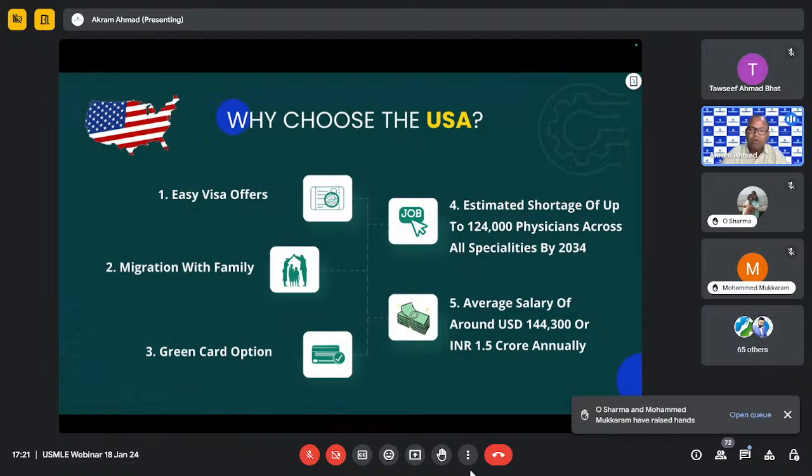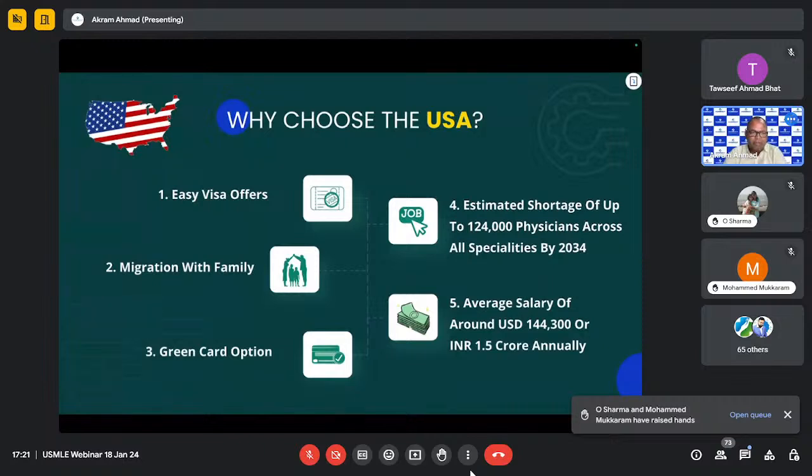At least you need to work for 2 years, PGY1 and 2, in the case of UK. Then only can you apply for PG. But in the US, you can apply directly once you pass USMLE Part 2. And there is a high demand for physicians. The salary is also very high, and there is also the option for a green card or PR or citizenship.